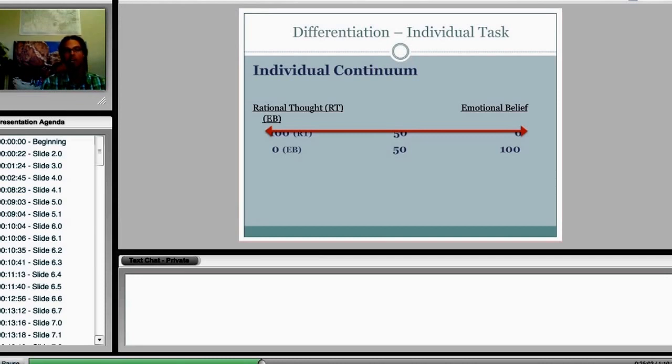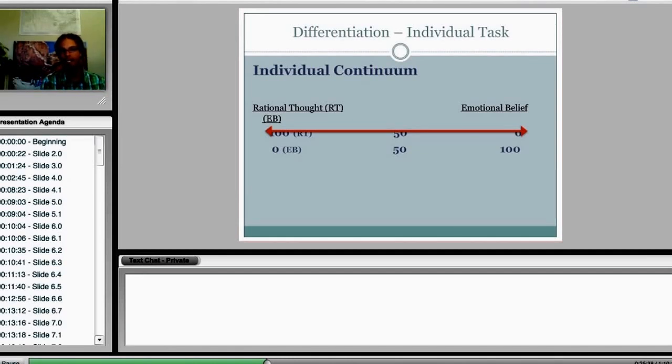When we hear information, it's going to make sense to us on some level emotionally, and also it's going to make sense to us cognitively. And we want them to begin to slow that process down in order to not completely block out the emotion and only use their head. But we also don't want them to go to the point of not thinking and just being very emotional. And so the goal of this continuum is to find a balance, right there in the middle.